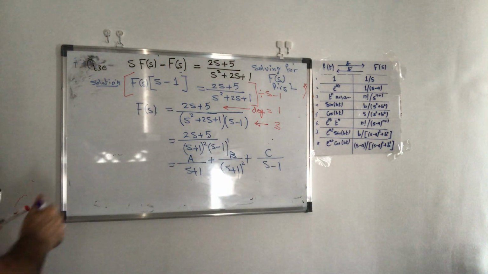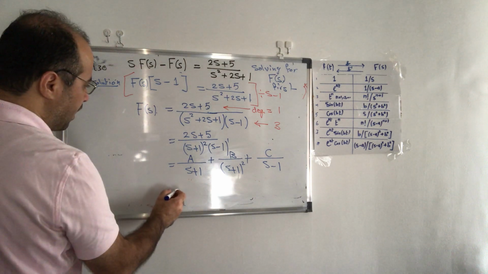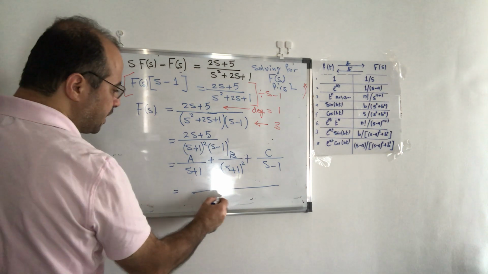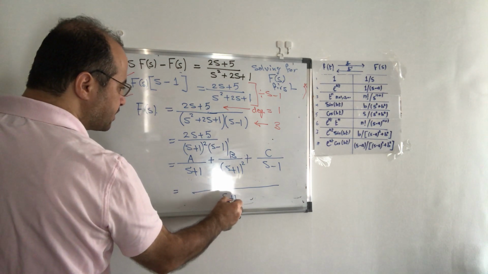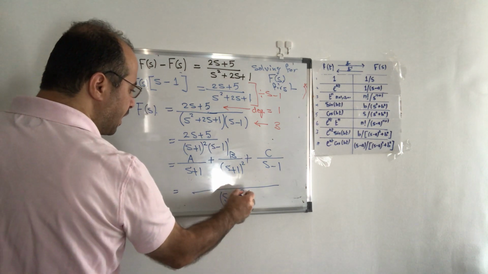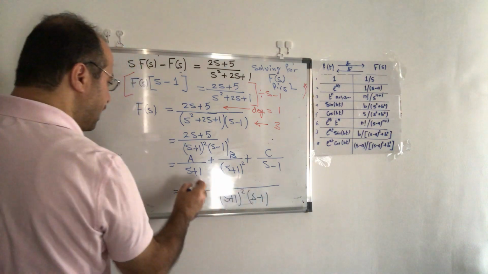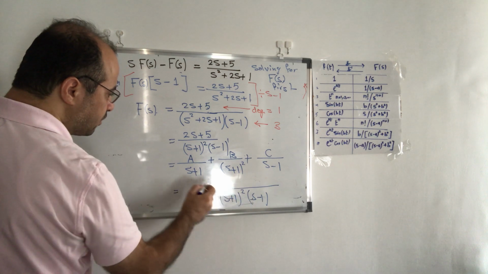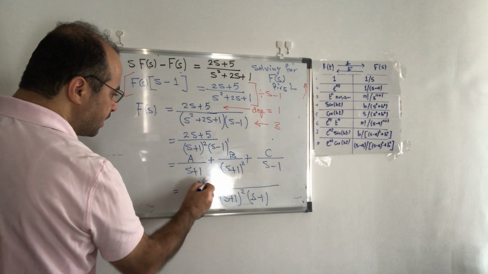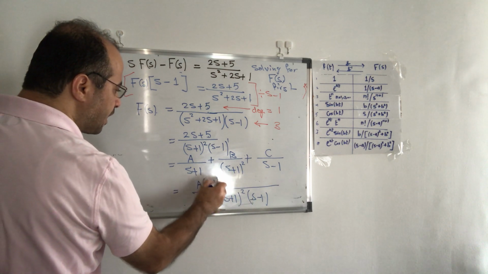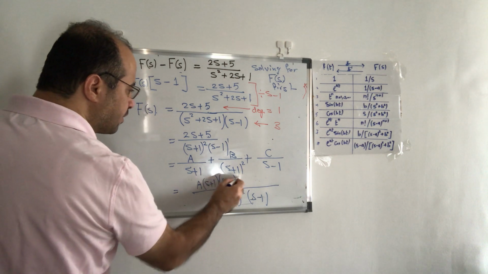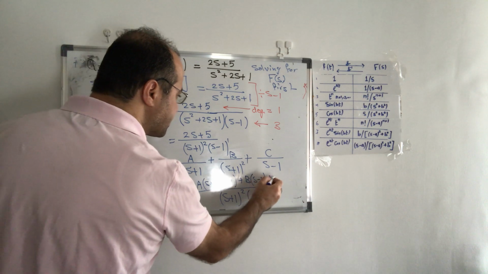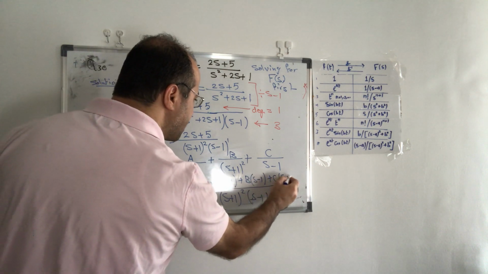Now you need a common denominator. What is the common denominator? It is (s plus 1) squared and (s minus 1), right? And then you need to multiply. When you have a common denominator, you have A times (s plus 1) times (s minus 1), plus B times (s minus 1), plus C times (s plus 1) squared.